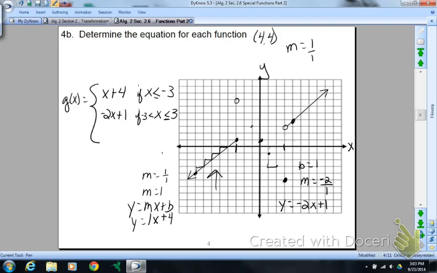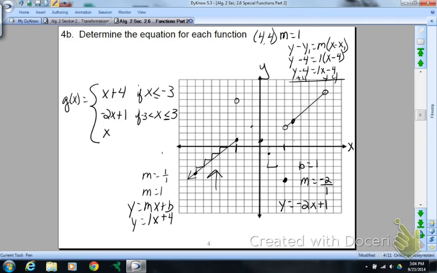Plug in your slope as 1 and the point 4, 4 and put it into the point slope formula. So everyone do that right now. Yes. So when we solve, we're going to add 4 and we get 0. So that's y equals 1x plus 0, or y equals x right here.